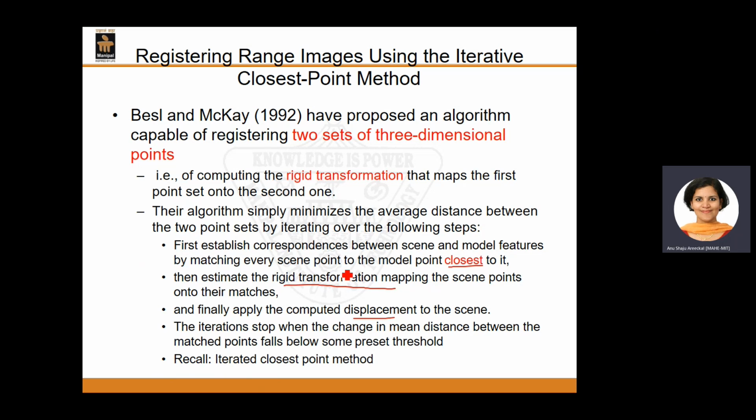But here it is not a grayscale image that you're dealing with. You're trying to work with a range data image. Since it is a range data image, what you need to remember is that how we find the closest points, or how exactly the rigid transformation is calculated, will be different from how we estimate it for grayscale images.